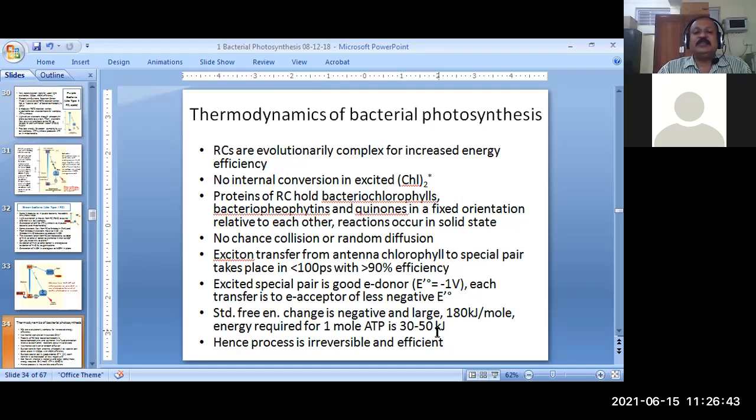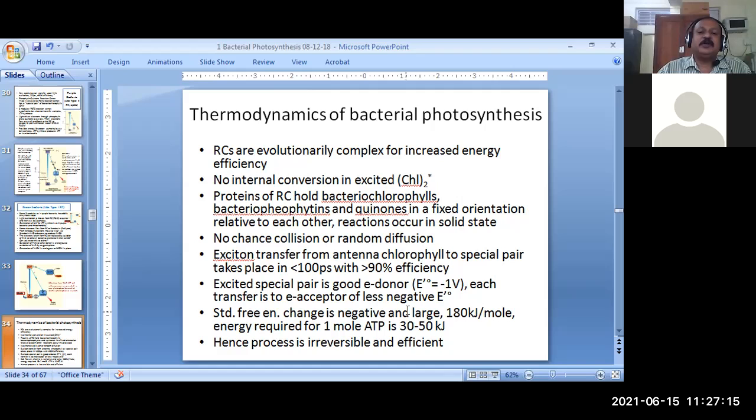So it is about 3 to 5 times more ATP that can be generated with this photosynthesis, and therefore on the whole you can say that at least 1 mole of ATP can be produced for 1 mole of photons which are received by the cells. And therefore we can say that the process is irreversible and it is efficient.